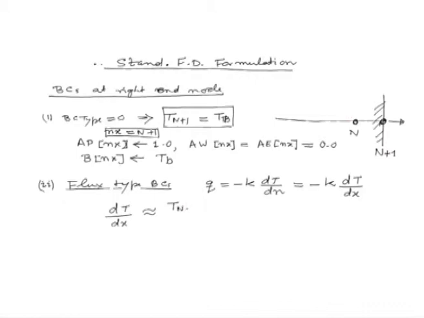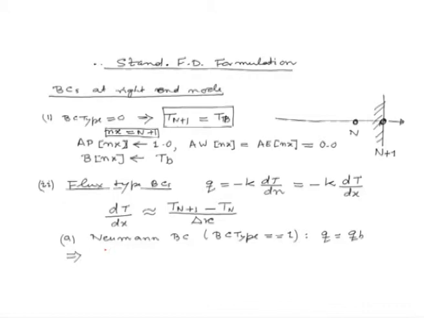So this will be approximated by Tn plus 1 minus Tn divided by delta x. Now let us take two sub cases. The first one is the Neumann BC, which corresponds to our integer flag BC type equal to 1. We have q is equal to qb.